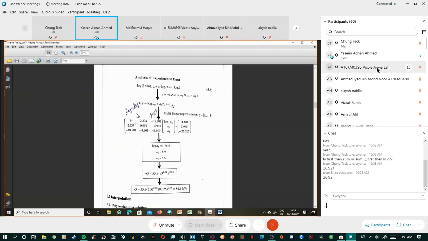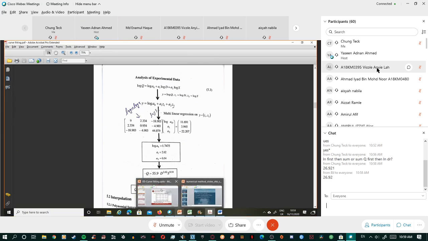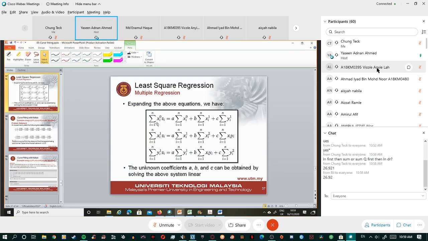Okay, one more thing. This one is a number of elements, 9. This was n. And okay, can you calculate this one? Summation of xi. So this one is okay.